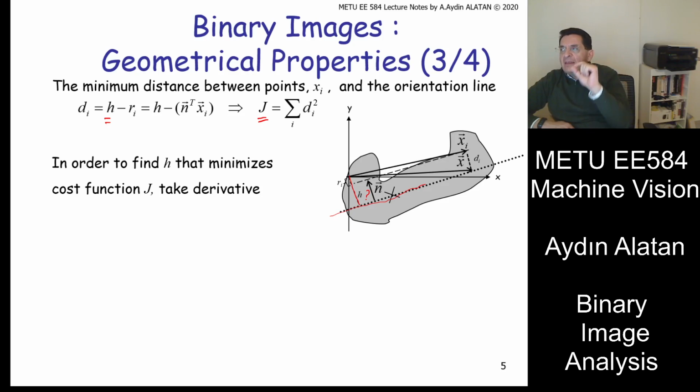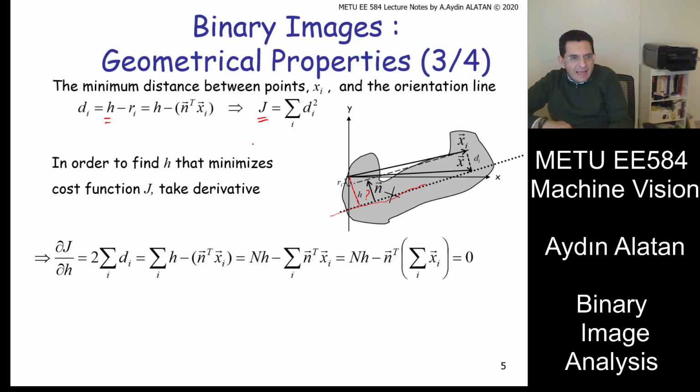Therefore, if you take the derivative of j with respect to h, you will obtain the value for j to be minimum, which satisfies this one. Therefore, if you take the derivative, this is a function of h, obviously. 2 goes down here. There will be summation di. You open like this. And since this is a summation here, I'm talking about h, and h is constant, nh.